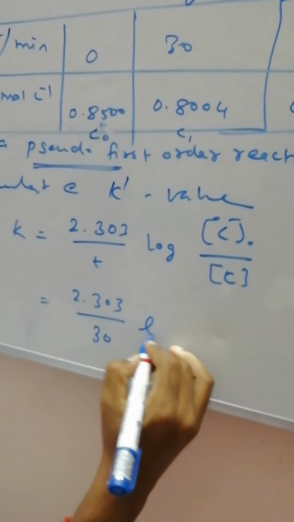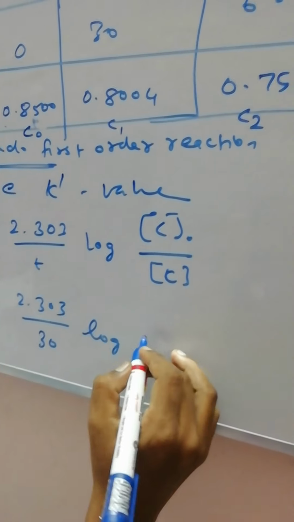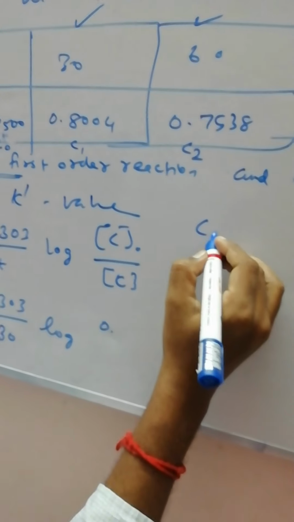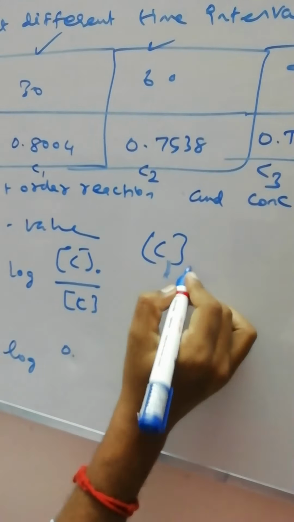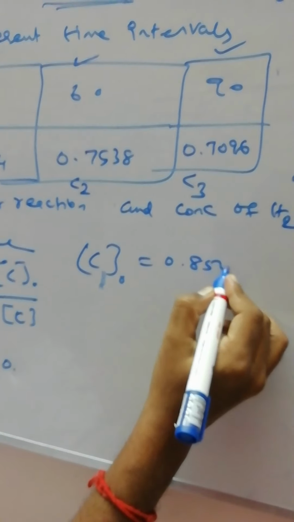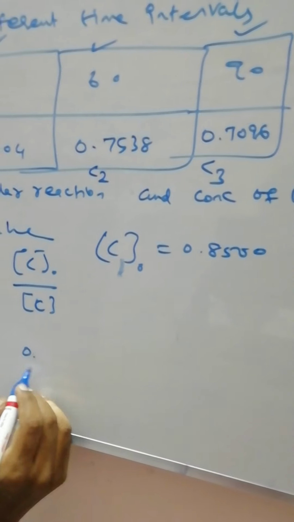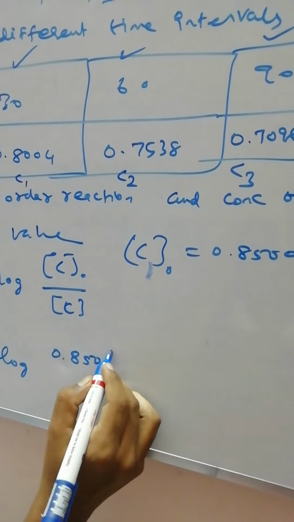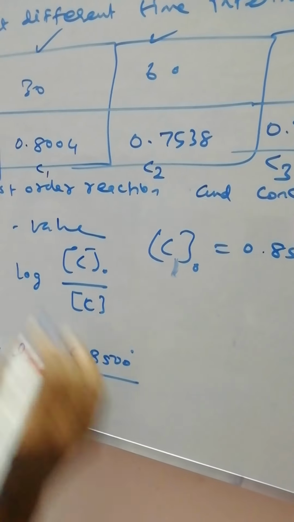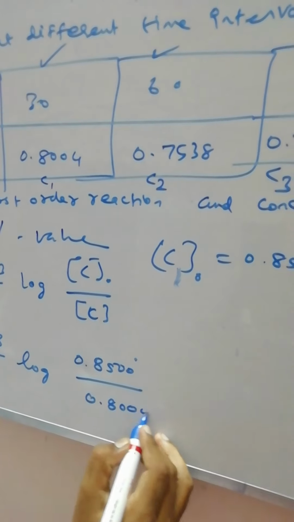K1 equals 2.303 by 30 log C0 by C. What is C0? Initial concentration C0 is equal to 0.8500 divided by the next one, 0.8004.